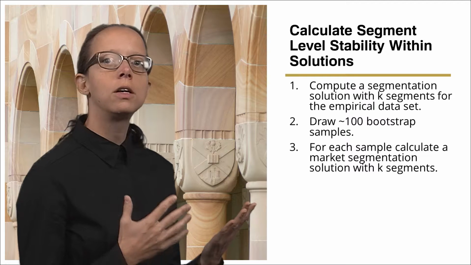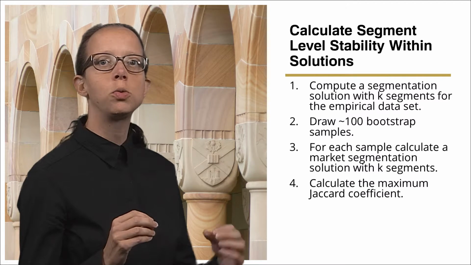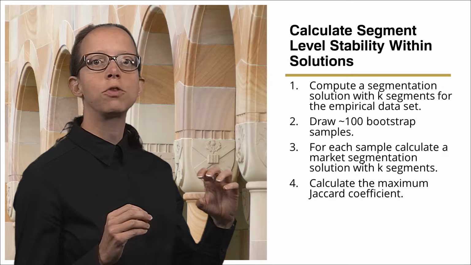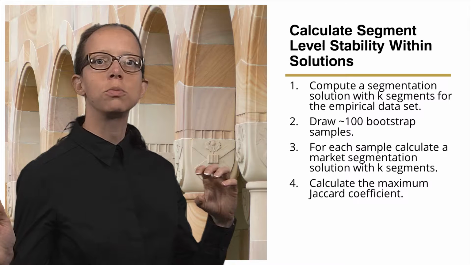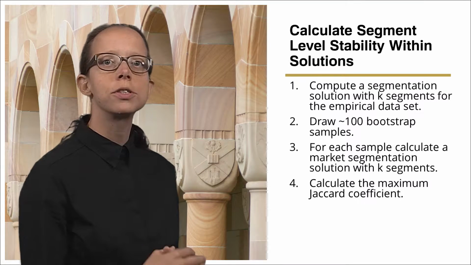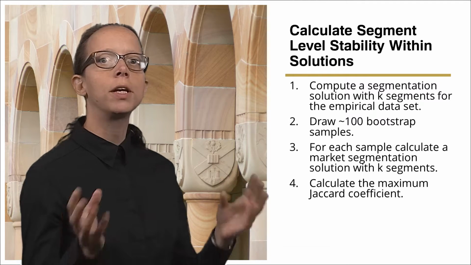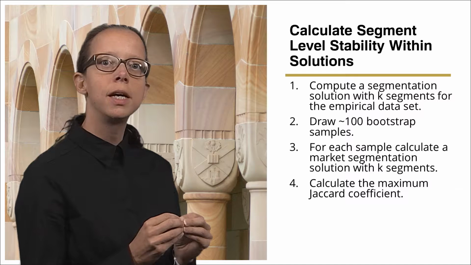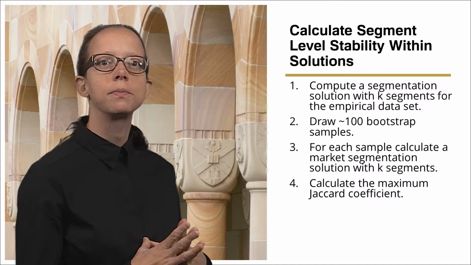Then we calculate, for each bootstrap sample, the maximum Jaccard coefficient between a market segment extracted from the empirical dataset and all market segments extracted for the bootstrap sample. The Jaccard coefficient measures the overlap between 2 segments. This is done by calculating how many consumers are in both segments and dividing it by the total number of consumers in both segments.